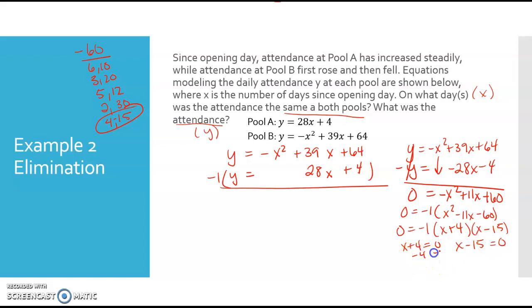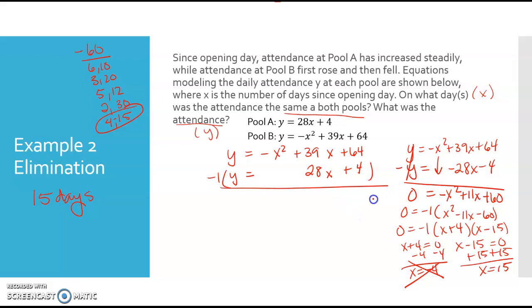We finish solving these. We get x equals -4 and x equals 15. Now, when we're talking about this, x is my number of days. I'm not going back in time, right? So I can't have the -4, which means it takes 15 days for them to be the same.